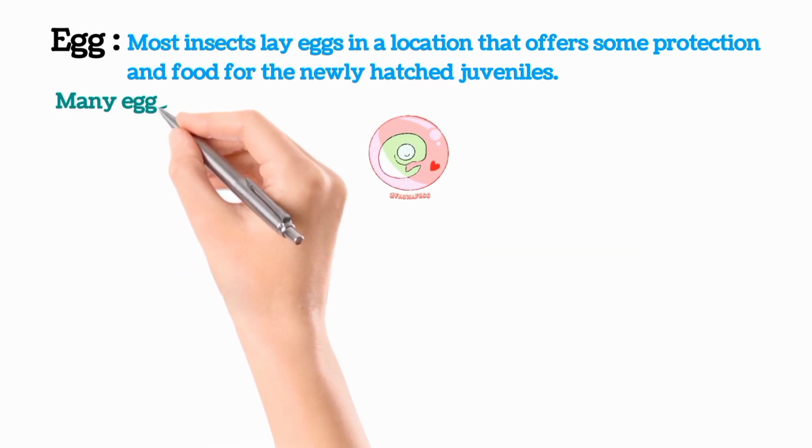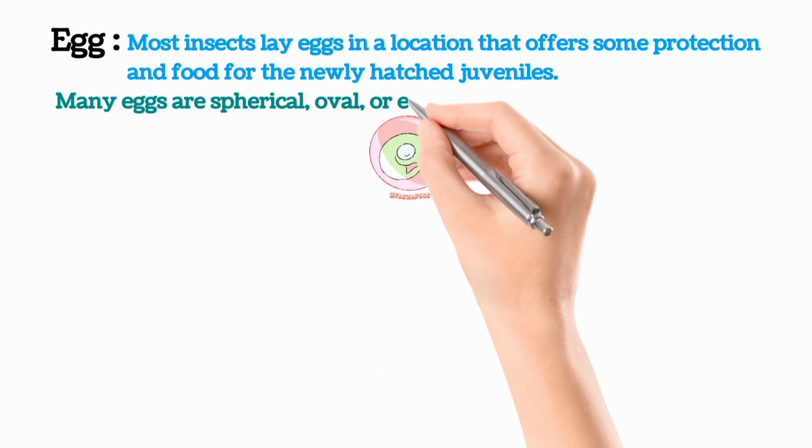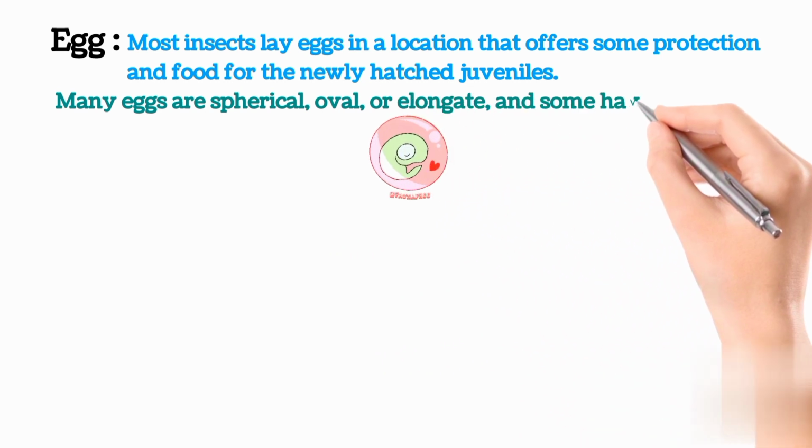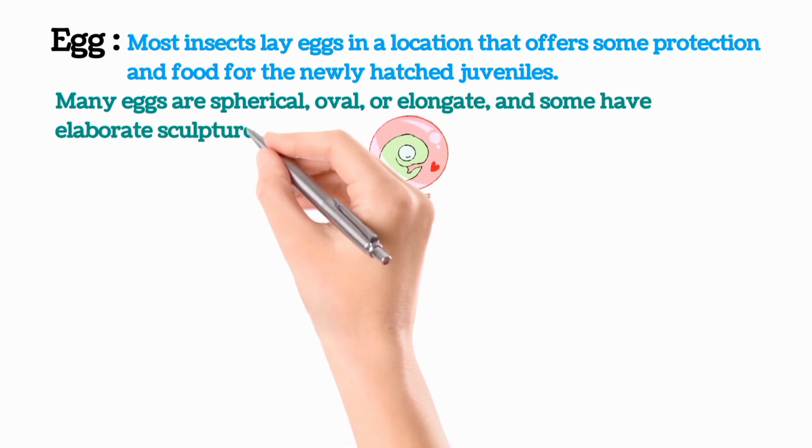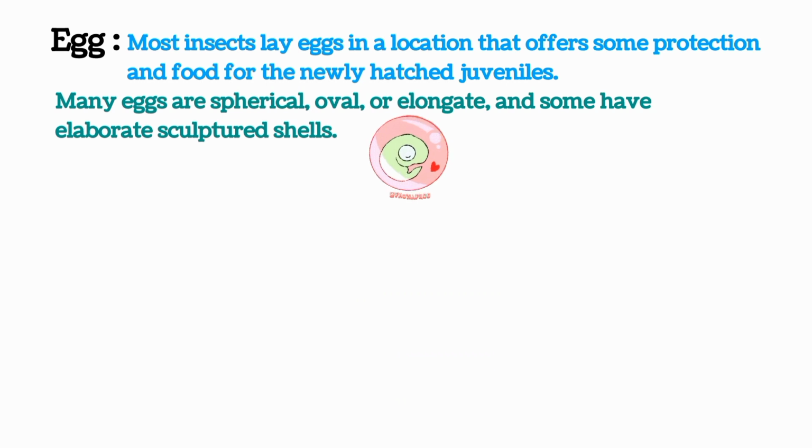Eggs are different in size and shape: some are spherical, some are oval, and some are elongated. All are covered with a hard shell. This hard shell protects them in harsh environmental conditions and also from predators.